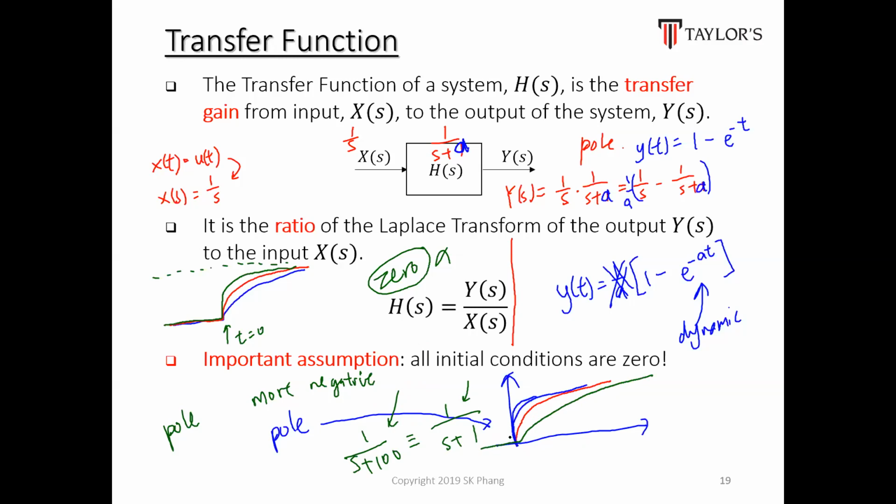S plus 100 rises up very quickly, like this one. So this one has more agility. If this is your car, it means your car can pick up faster, whereas this one picks up very slowly. So usually when we design a system, we want a system to have a very negative pole so that the system reacts faster. But you only learn this in control systems later, not in this course.